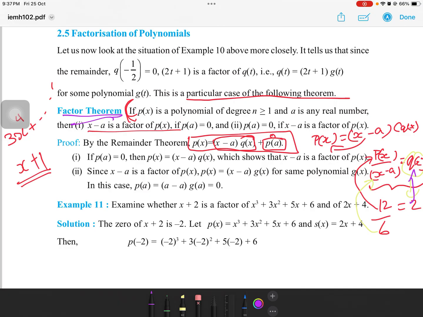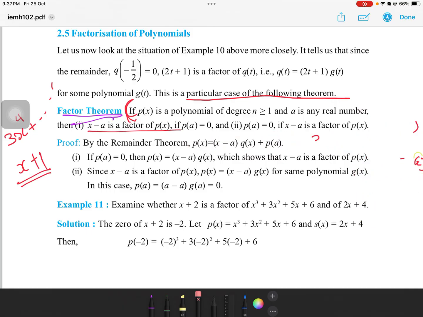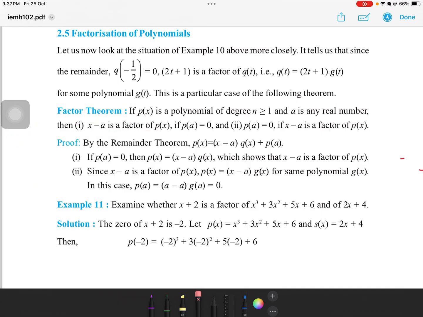You don't even have to learn this. It's not going to help you, but just remember the main purpose of the factor theorem. What is the main purpose of the factor theorem?